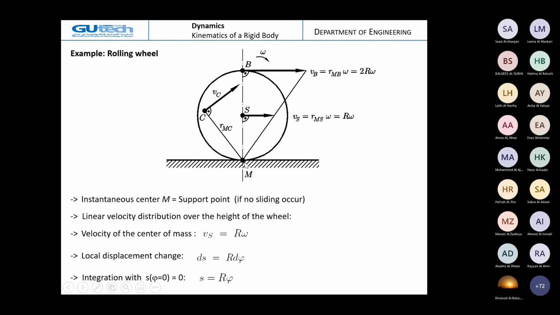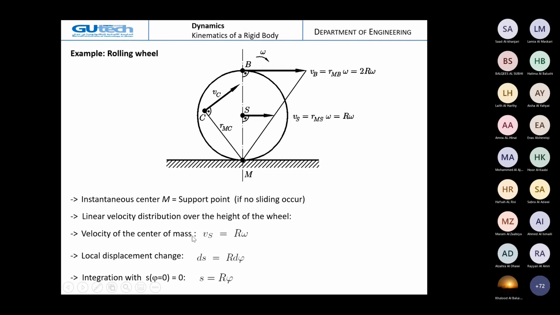That means the contact point between the ground and the wheel always has velocity equal to 0. And for the point where the velocity is equal to 0, it's the instantaneous center of rotation. Then we have a linear distribution over the height of the wheel, here the diameter of the wheel.